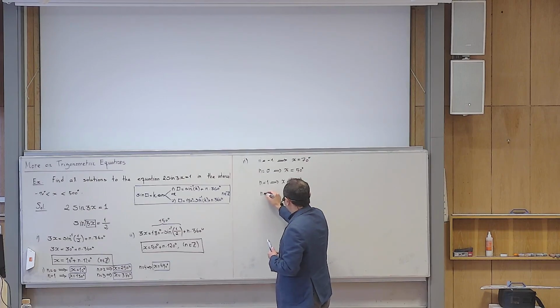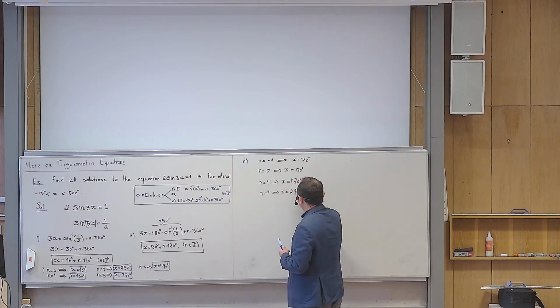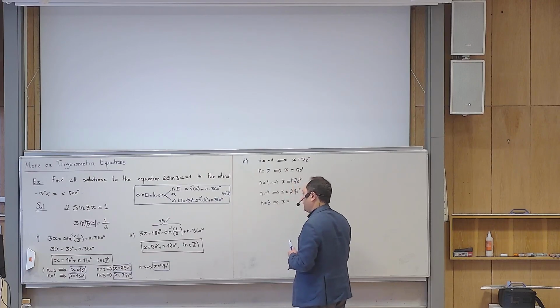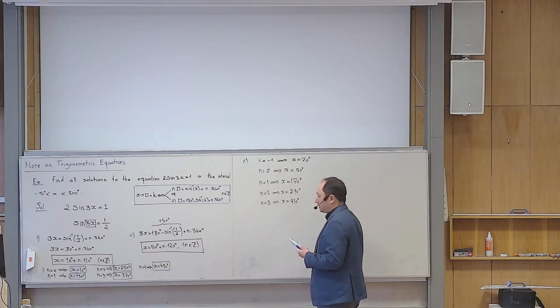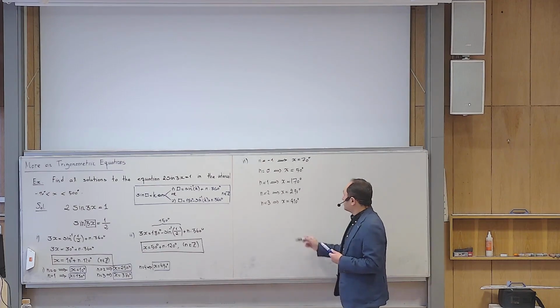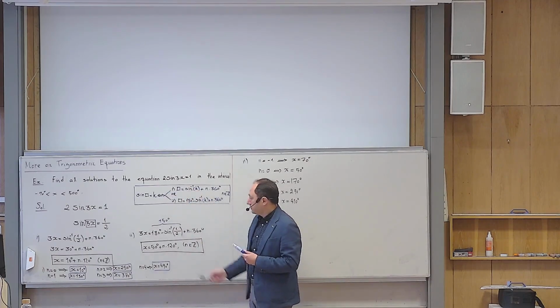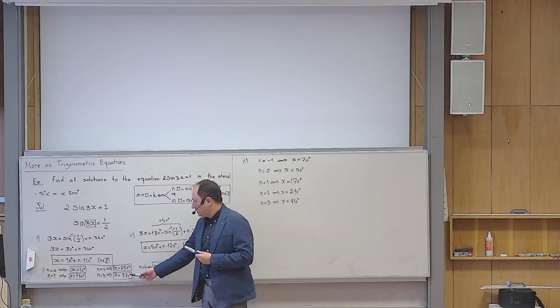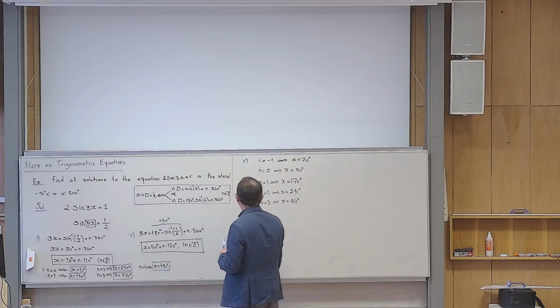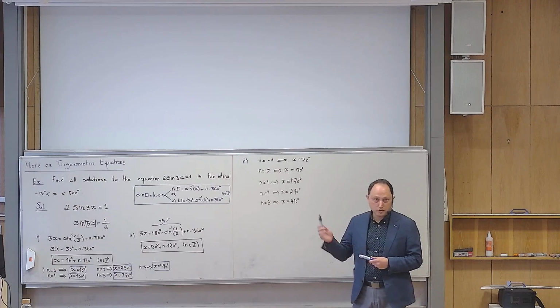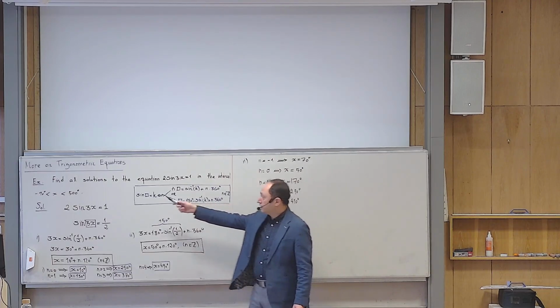If I put 2, x gives me 290, and 3 gives me what? 410. Do you think 4 will work? No, it goes beyond. So if I ask you how many solutions there are for this equation on that interval, 1, 2, 3, 4, 5 from here, 1, 2, 3, 4, 5 from here. So I have 10 solutions for this equation on that interval.